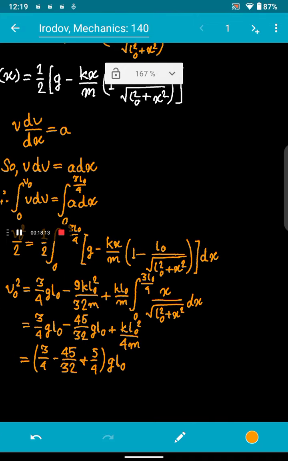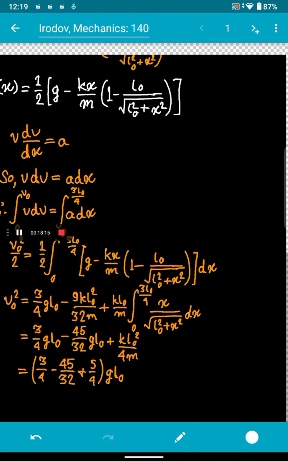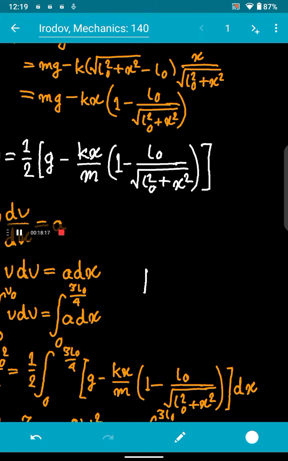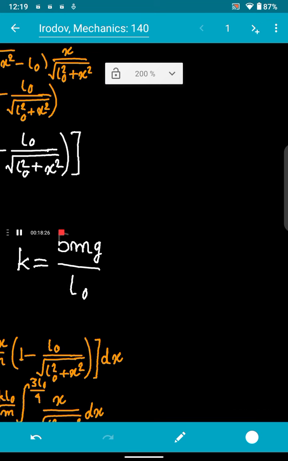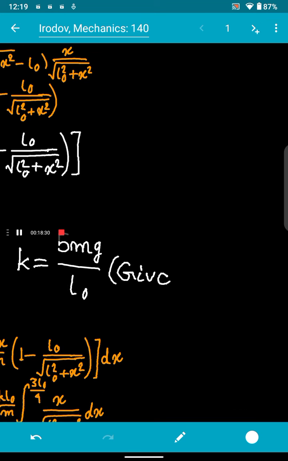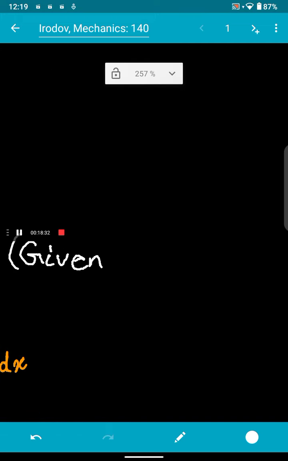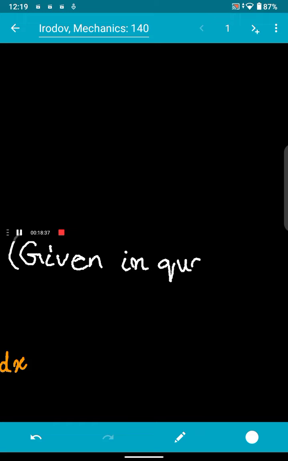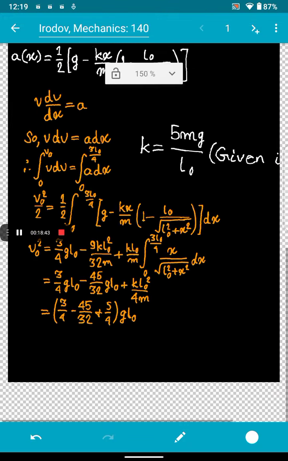Just note the point if you haven't still noted, that k is equal to 5 mg by L0, and this was given in the question. Okay, in case you missed.